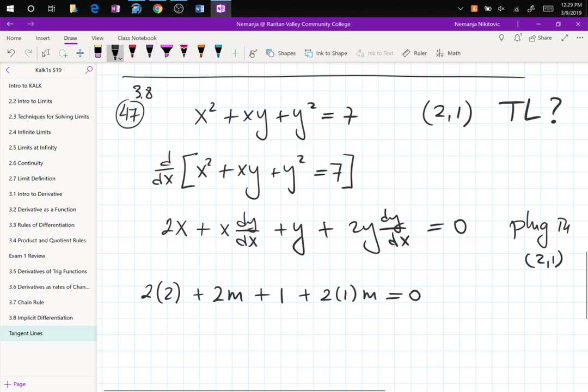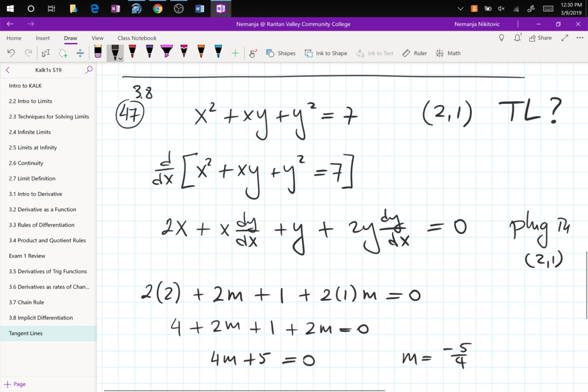See how cheap this is? It's much better to just compute this quickly rather than shovel algebra and make a mistake with negative signs and all those things. So we have 4 plus 2m plus 1 plus 2m is equal to 0. That's 4m plus 5 equal to 0, from where m is quickly negative 5 over 4.